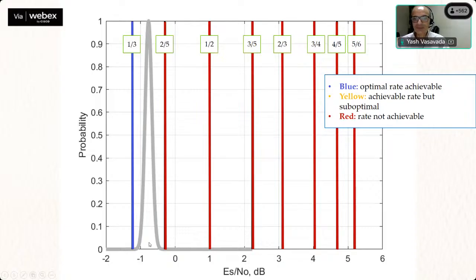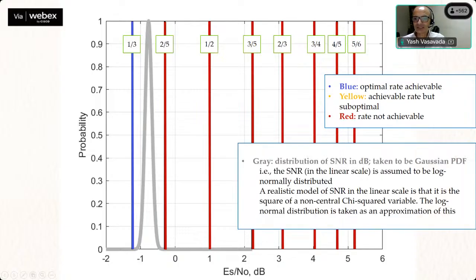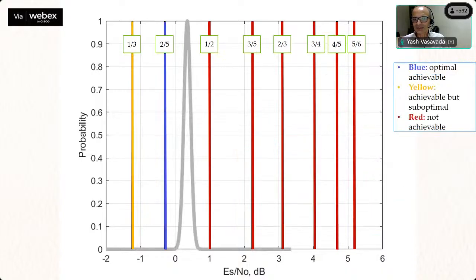So in terms of that chart that we were looking at, this is what is happening, right? The blue is the one that gets realized. The red ones are not realizable. You can't have successful communication for the red colored lines.